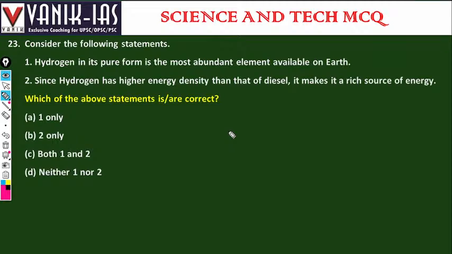Since hydrogen has higher energy density than that of diesel, it makes a rich source of energy. Which of the following statements are correct regarding hydrogen? Now hydrogen is in news. Pure form is most abundant element available on earth. No, this is wrong. Hydrogen is rarely in pure form.